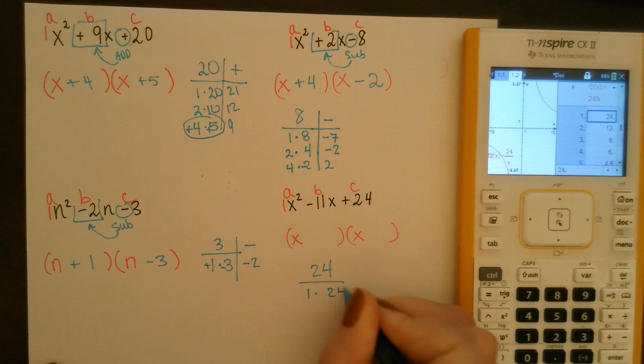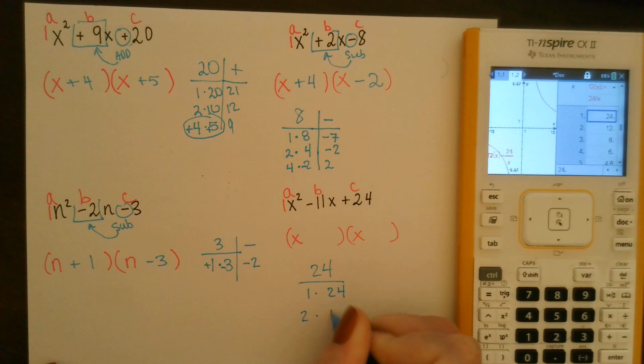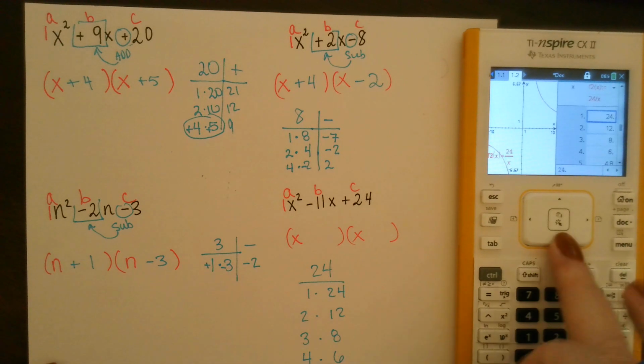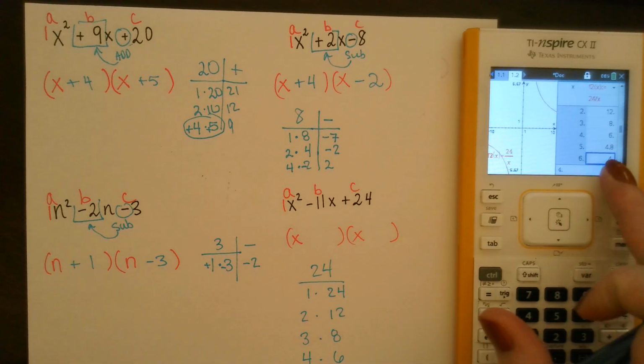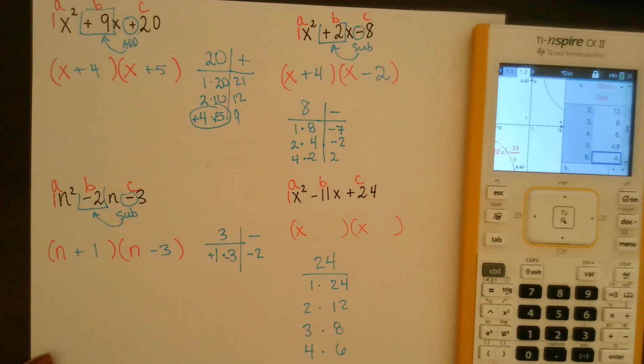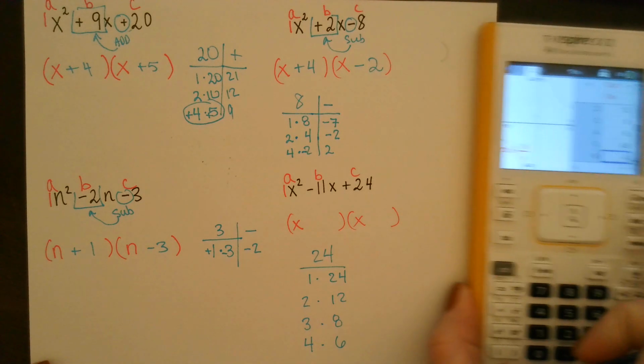So 1 times 24, 2 and 12, 3 and 8, 4 and 6. 6 and 4 is the same as 4 and 6, so we stop because our number's repeated.